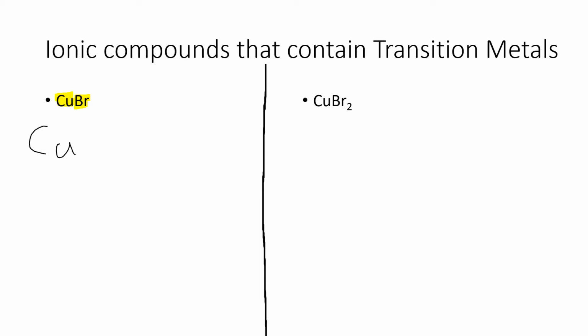We don't know the charge of the copper from looking at the periodic table, so I can't put a charge in there just yet. I'm going to have to figure out what that charge is. When I look at the bromide, though, I do know something about the bromide. Bromine lives in group 7A, so I know what type of ion the bromine is going to form. It's going to form a -1 charge.